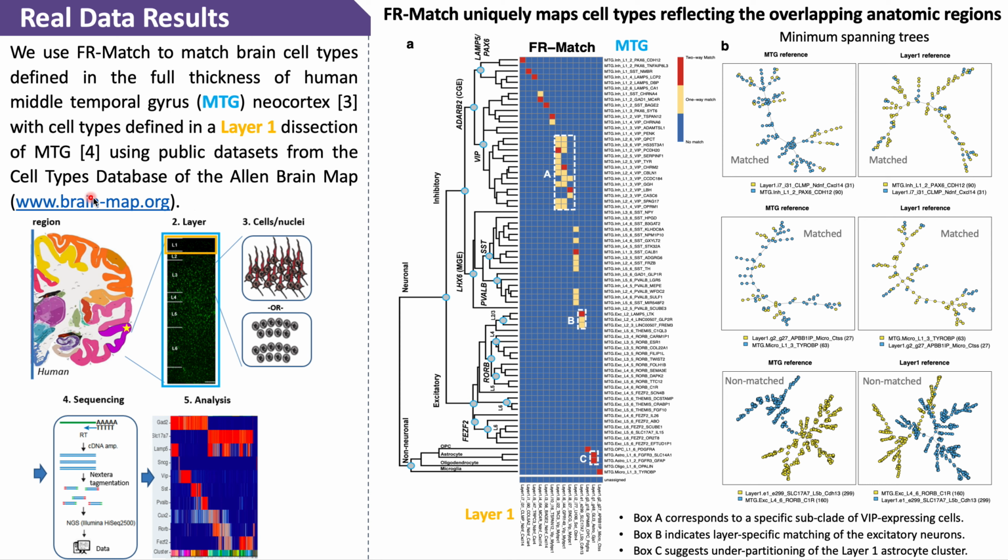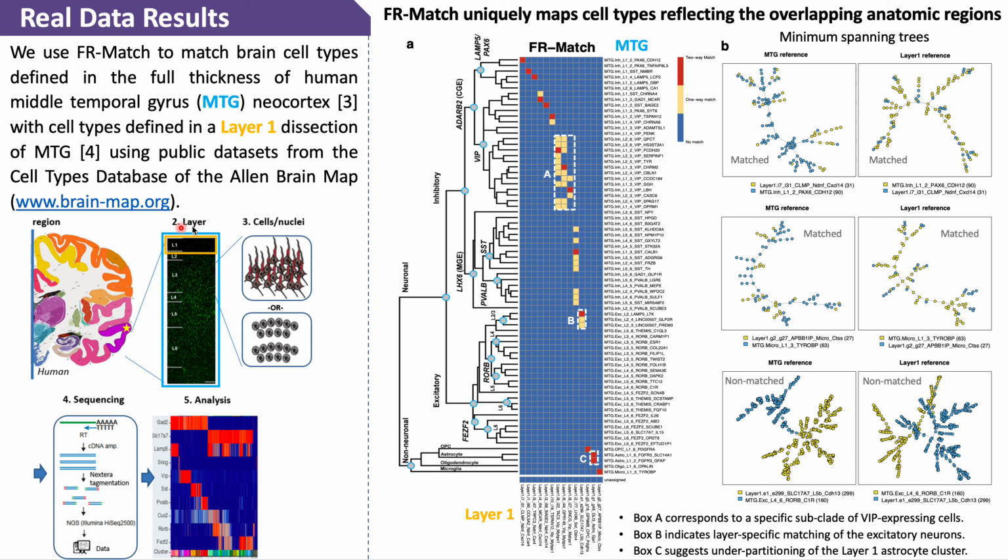In this illustration figure here, the human brain region is marked as a star, the region of MTG. The neocortex consists of 6 layers according to neuroscience, and we focus the comparison between the overlapping layer 1 and the full depth of MTG.